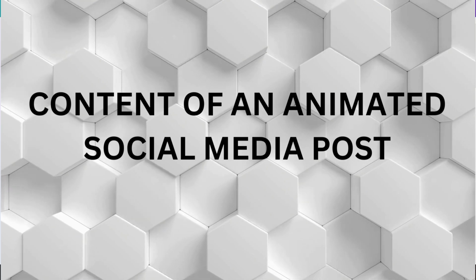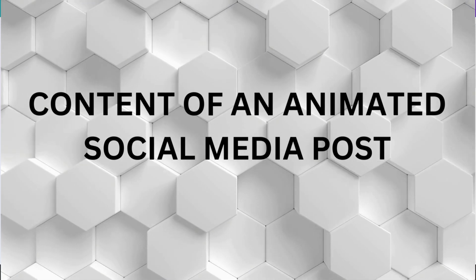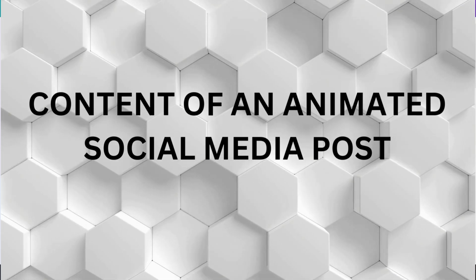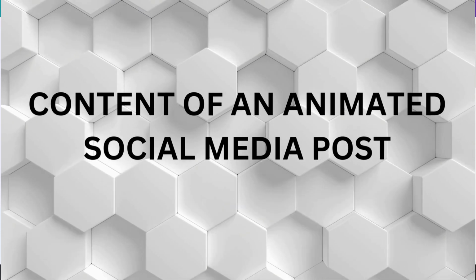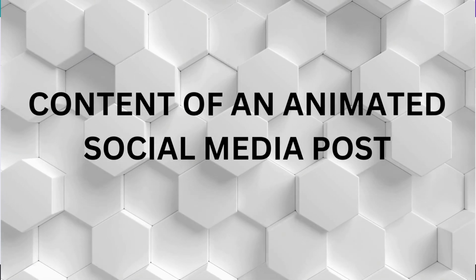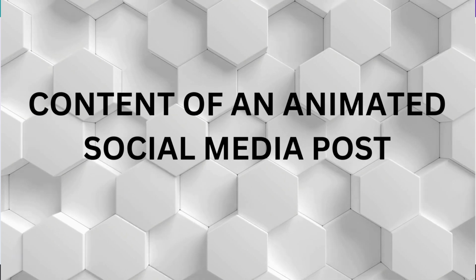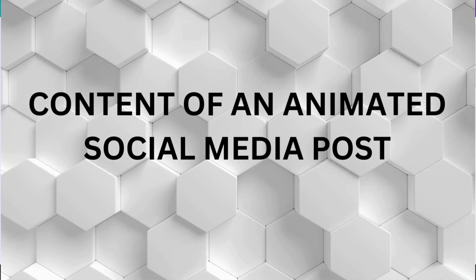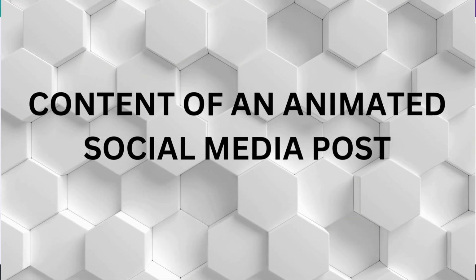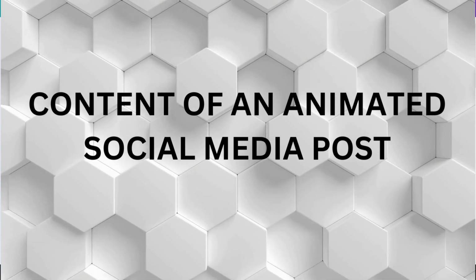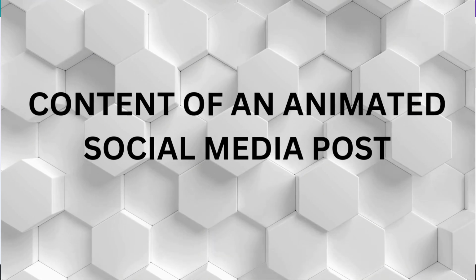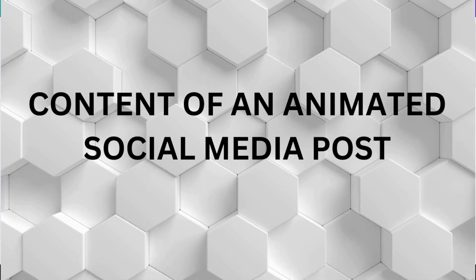And so what is the content of a social media animated post? The content should be the first page, which is the introduction. Each page shouldn't be longer than, let's say, 5 seconds at most, because you don't want the whole video to be longer than 30 seconds.